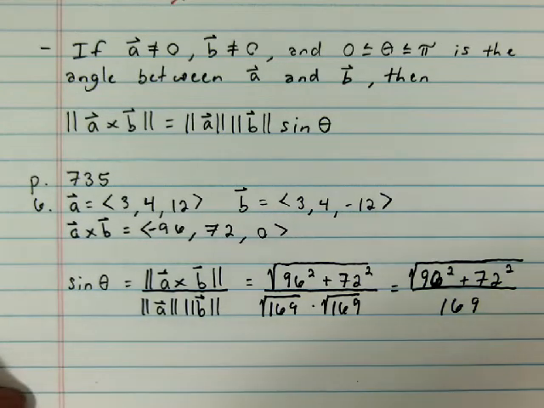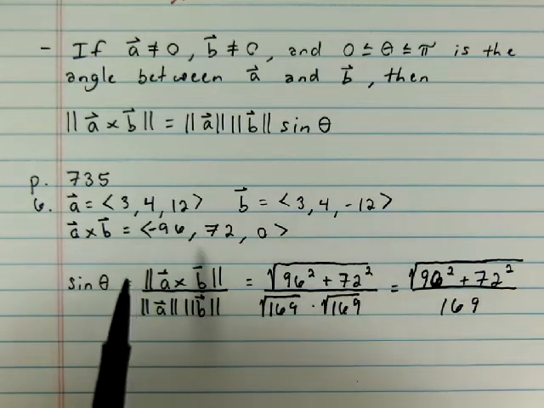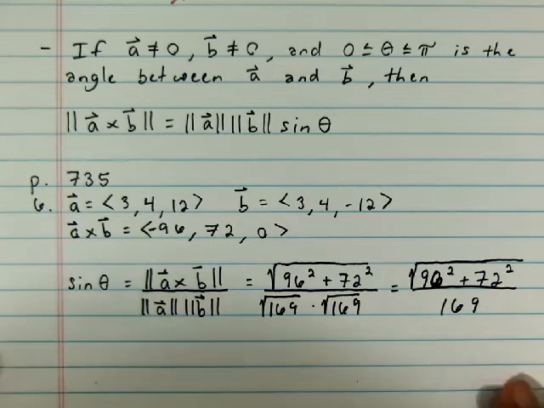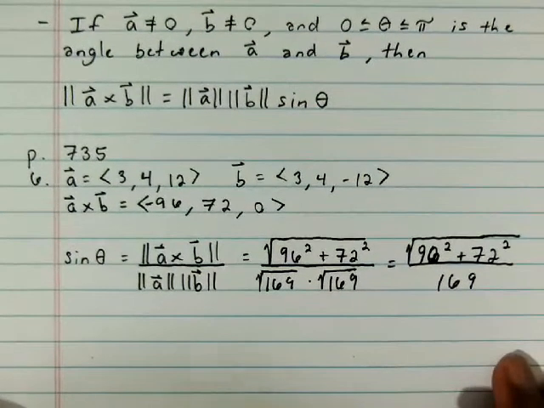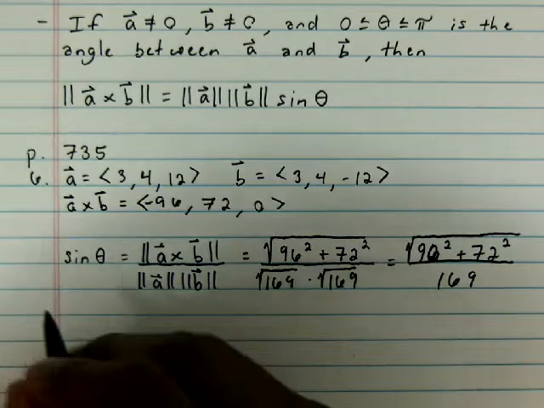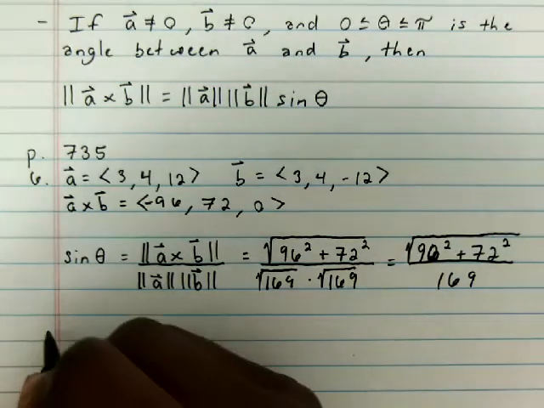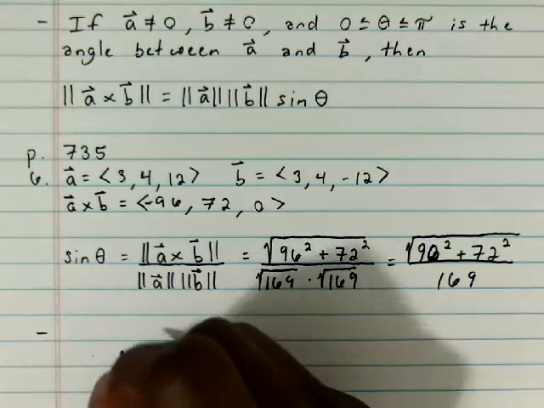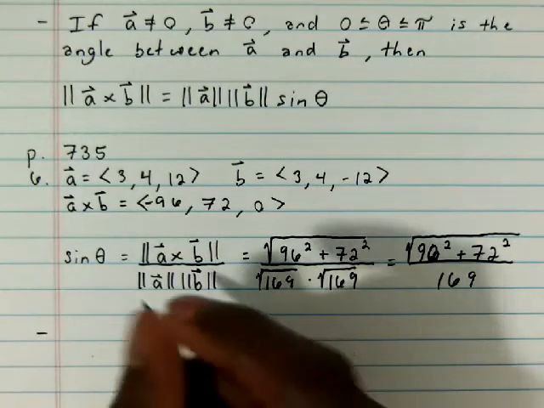All right. Next, let's look at how we can determine whether two vectors are parallel. We talked about the dot product helping us determine whether two vectors are perpendicular. Now the cross product can help us determine if two vectors are parallel or not.